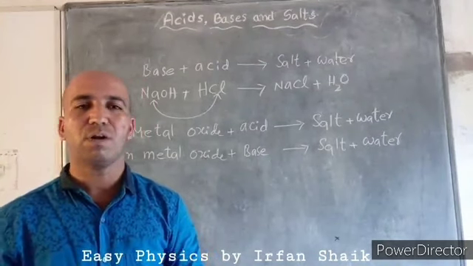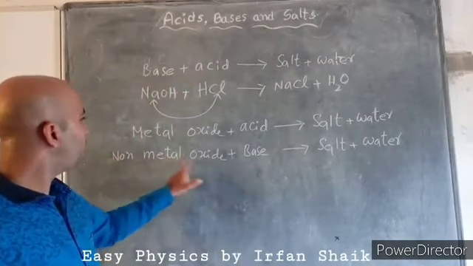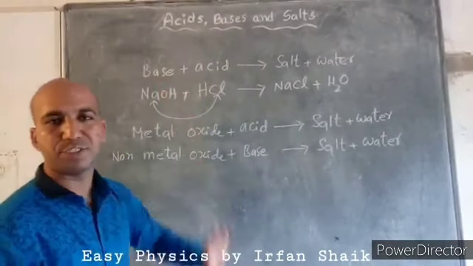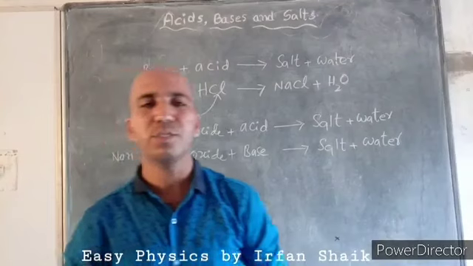These are all examples of non-metallic oxides. So by these two equations, we can conclude that the nature of metallic oxides is basic and the nature of non-metallic oxides is acidic. So this is about neutralization reaction.